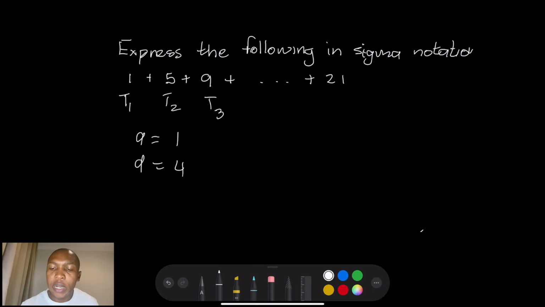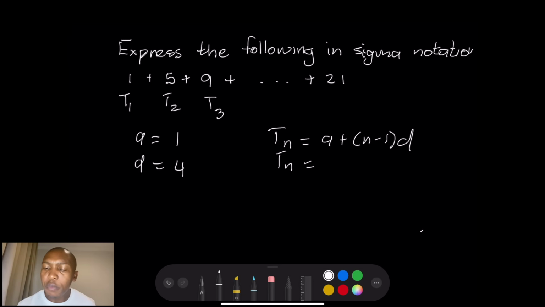So the general expression is Tn is equal to, now please remember, for the arithmetic sequence, that's A plus n minus 1 times D. Okay, so let's substitute for everything that we know. So Tn is A, which is 1, plus n minus 1 multiplied by 4.